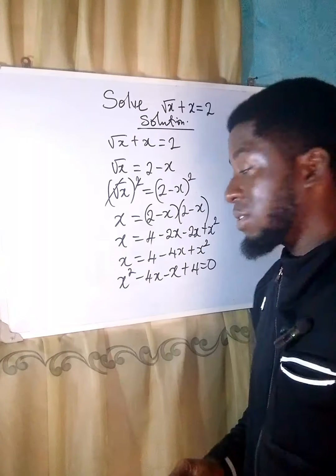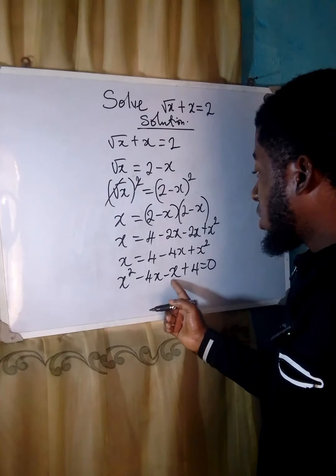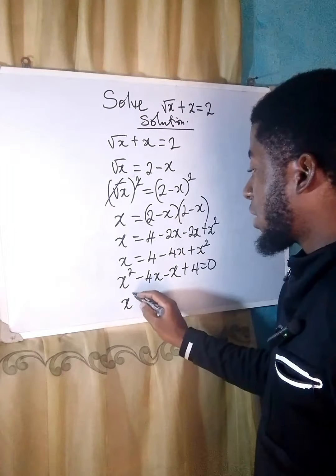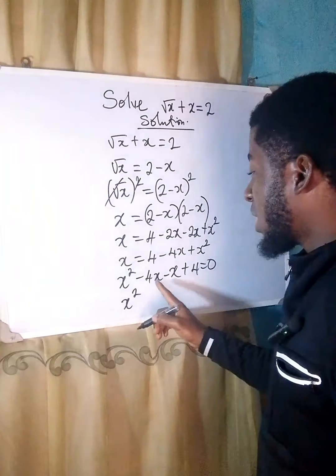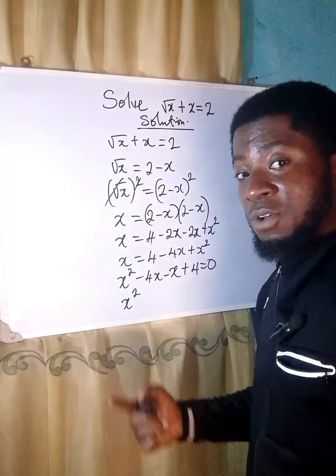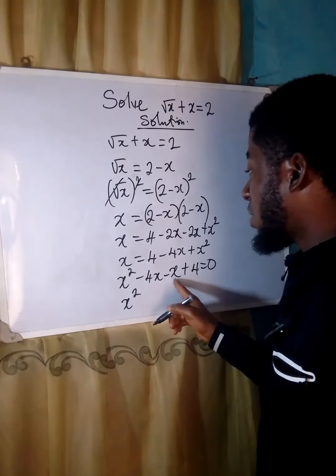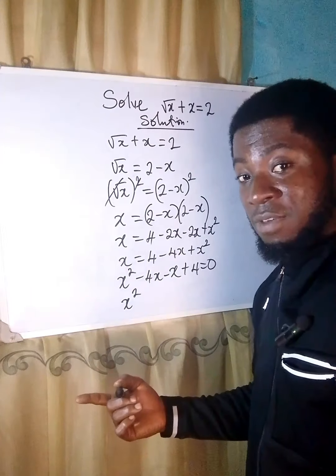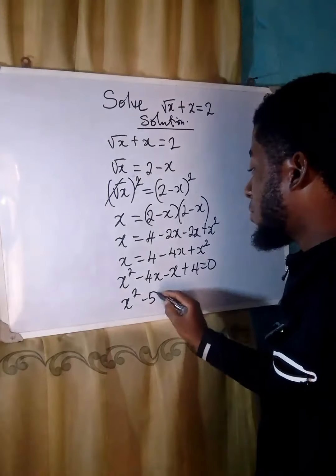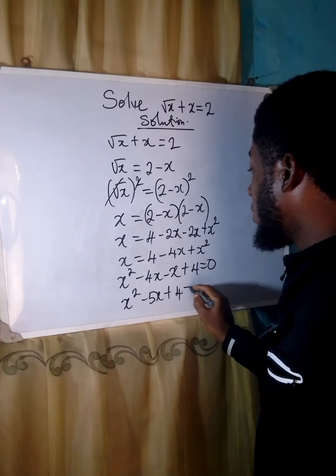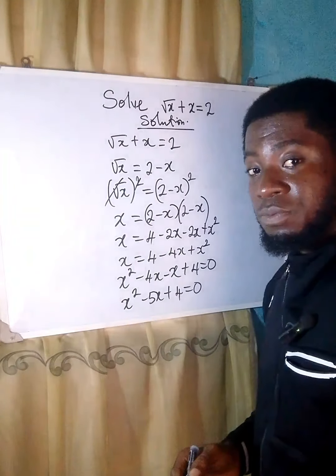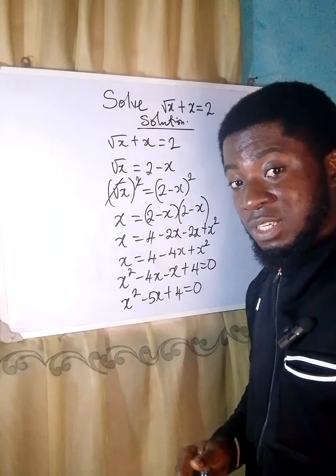So everything is now 0. Now we can work on these two terms. We have x squared, minus 4x minus x will give us minus 5x, just like we did before. Then we have plus 4, and this is equal to 0. So now we have a quadratic equation.